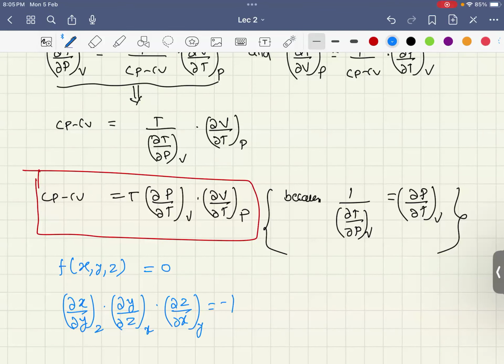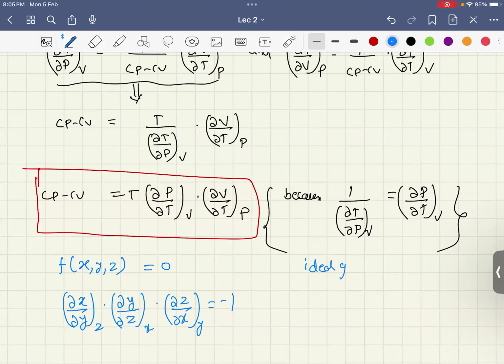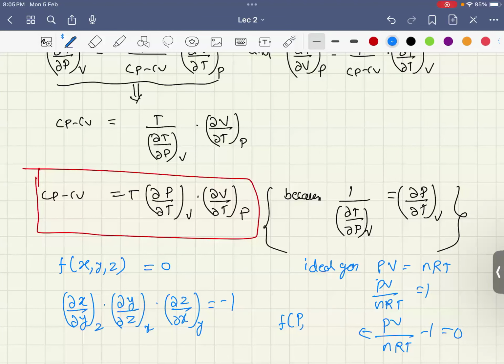Now we know the ideal gas equation. What does it say? PV equals nRT. That means PV minus nRT equals 0, or PV by nRT minus 1 equals 0. What does this mean? It means we can express pressure, volume, and temperature in such a form that we can equate it to 0.